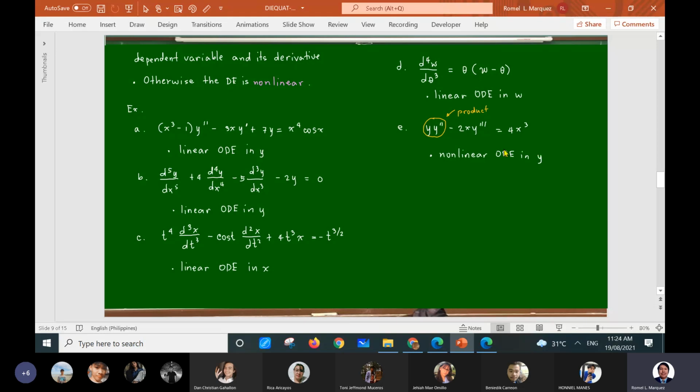Because of this. F. What about if I have the derivative of w with respect to t minus the second derivative of w with respect to t is equal to cosine 2w. Is this linear or non-linear, guys?